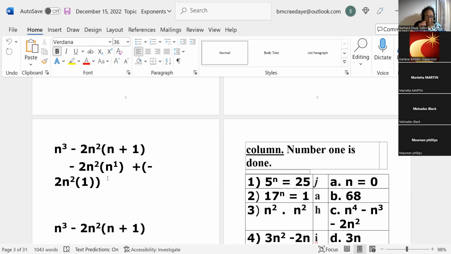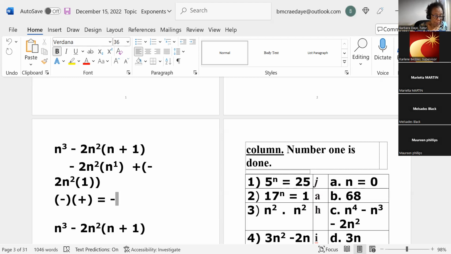When you're multiplying, unlike signs give you negative and like signs give you positive. In other words, minus times plus gives you negative.